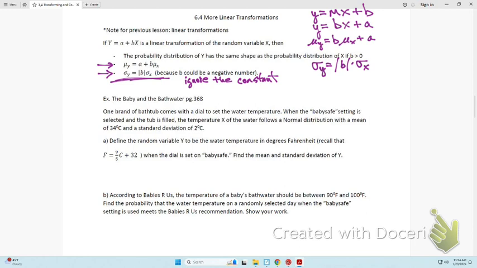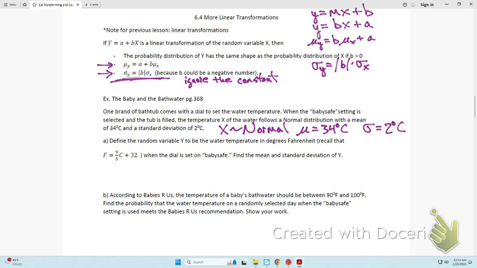We have this Babies R Us problem. We have this bathtub that has a baby safe setting. It is in Celsius. It tells us that this temperature X is normally distributed with a mean of 34 degrees Celsius and a standard deviation of 2 degrees Celsius.